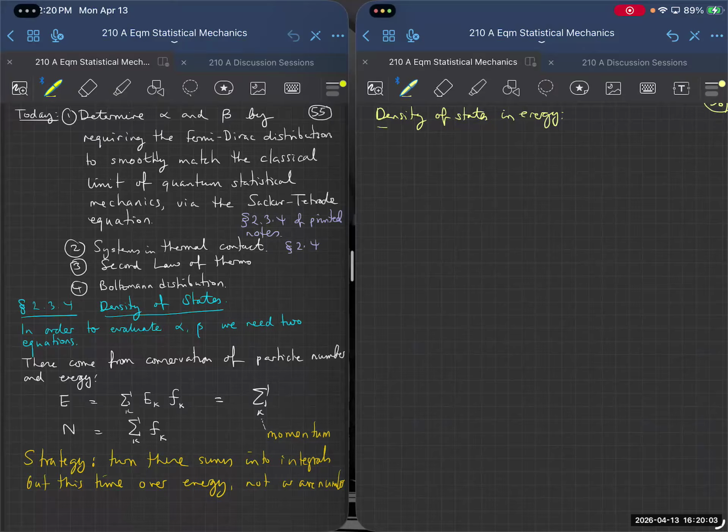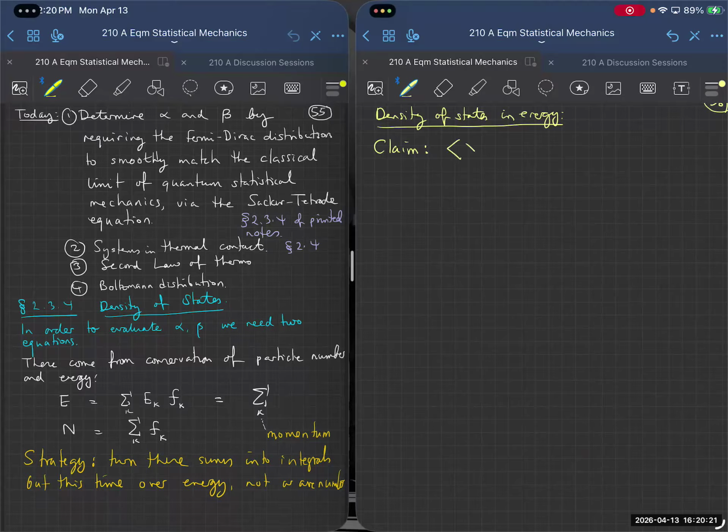So let me first of all write down for you what the result is, and then I'm going to derive it. So my claim is that I can convert any expectation value.